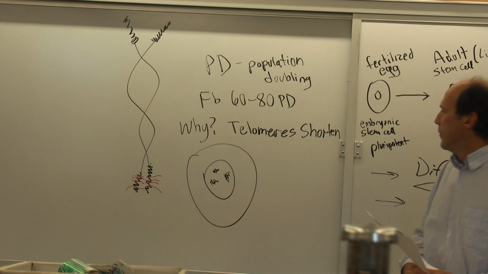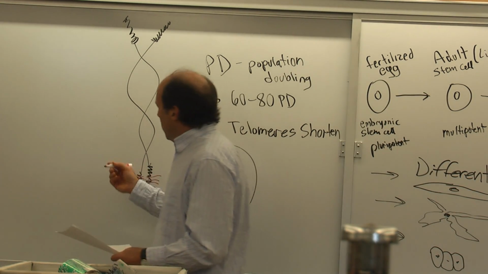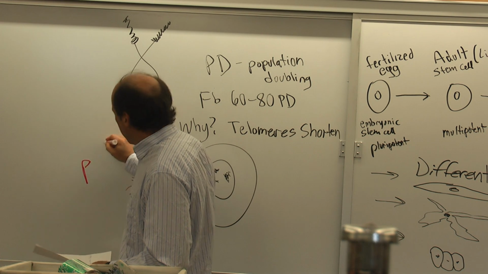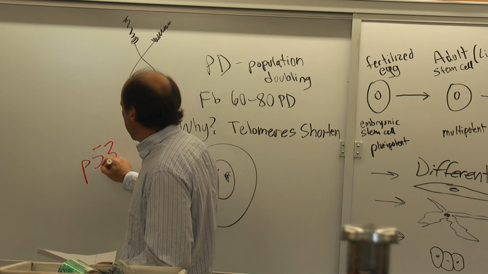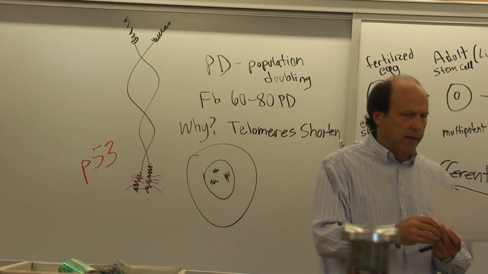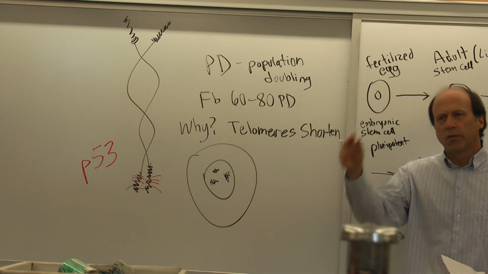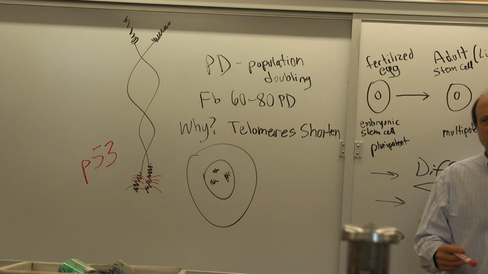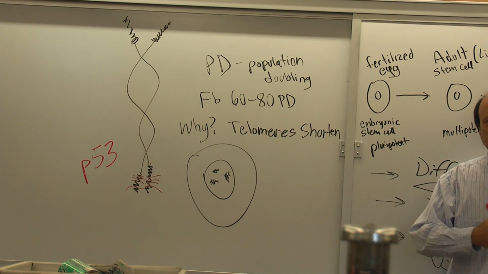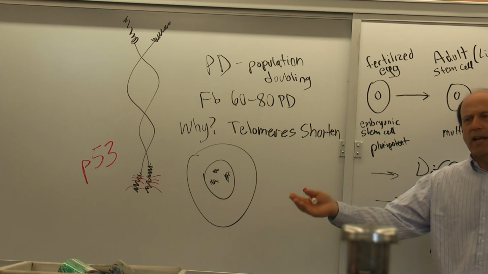There's actually a particular molecule that's the sort of gateway for all this stuff: P53. It's a protein of 53 kilodaltons in size, and it controls whether the cells are allowed to enter into the cell cycle and replicate their DNA. P53 is the gatekeeper, and it checks on the status of the DNA.